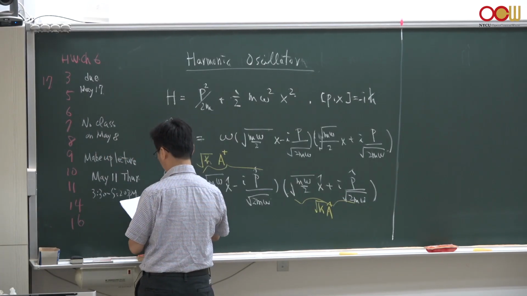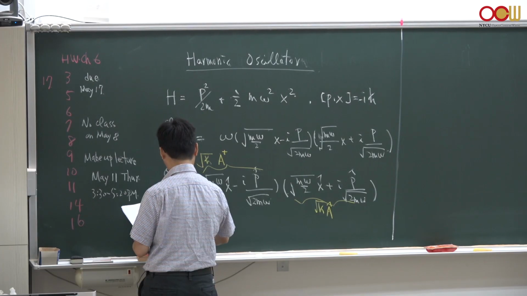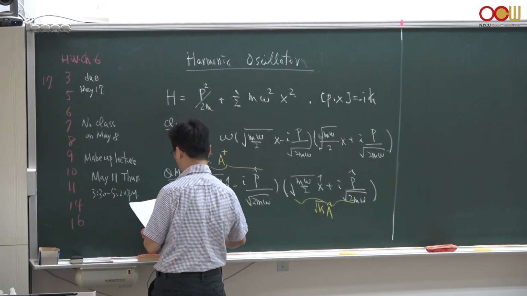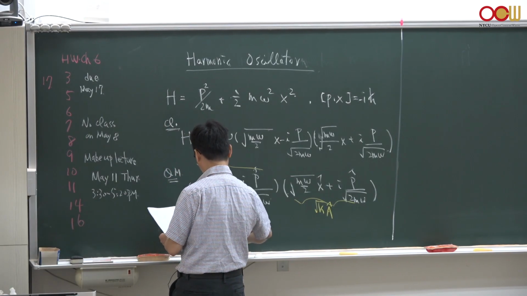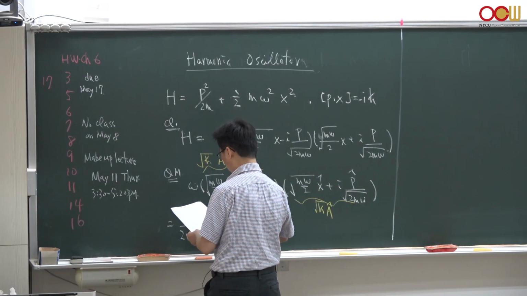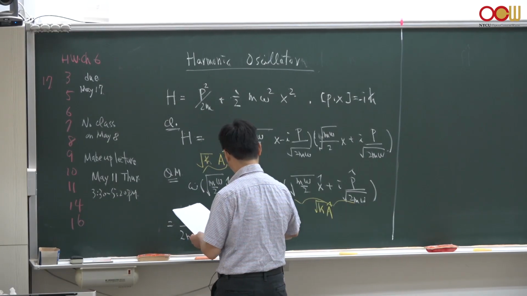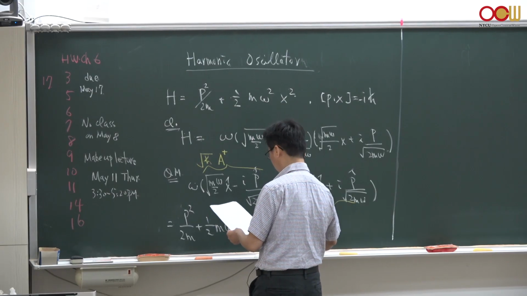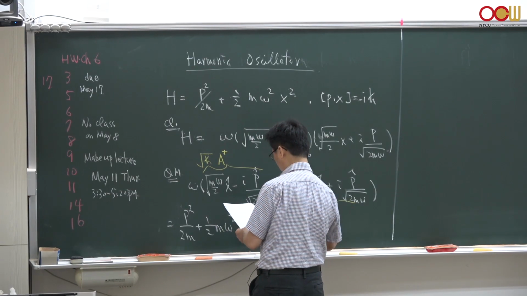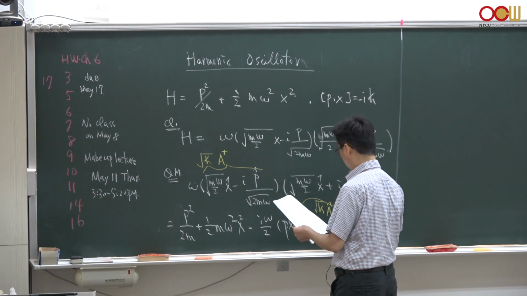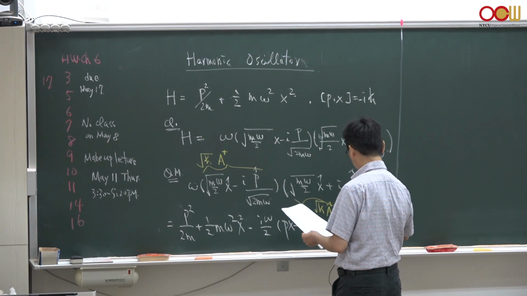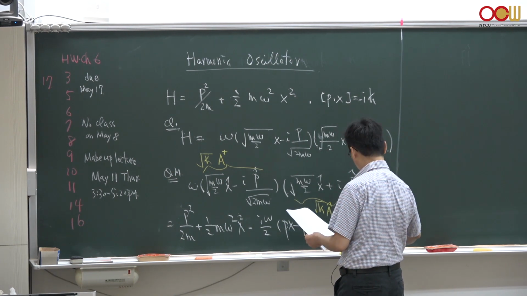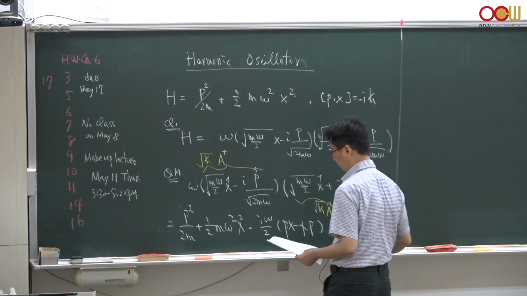What I get is the following: p squared over 2m plus 1/2 m omega squared x squared minus i omega over 2 times (px minus xp), which is the Hamiltonian minus 1/2 h bar omega.